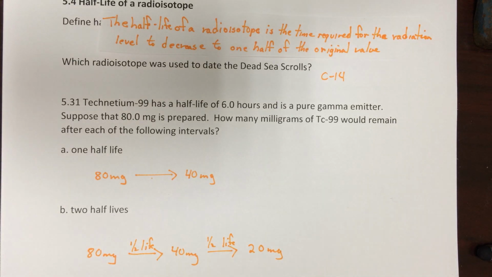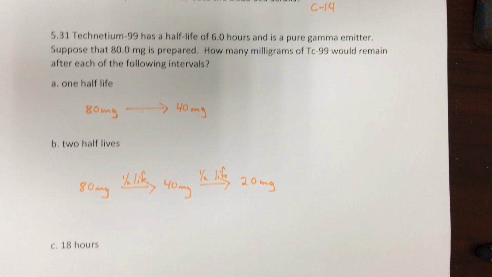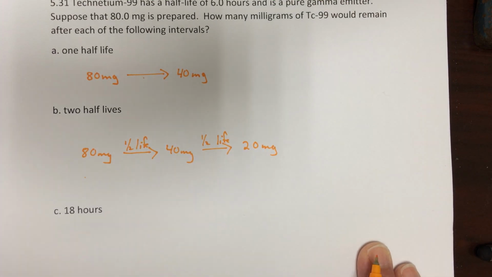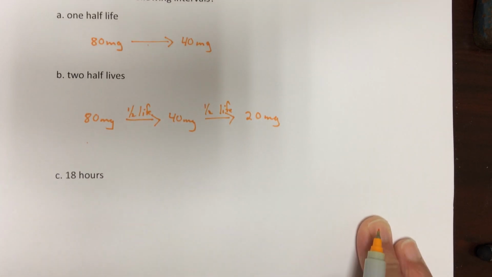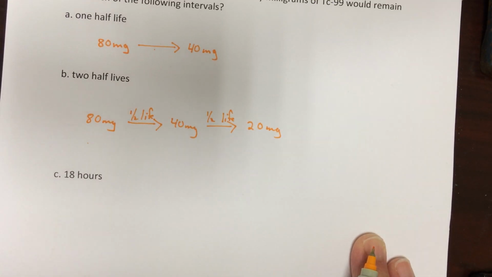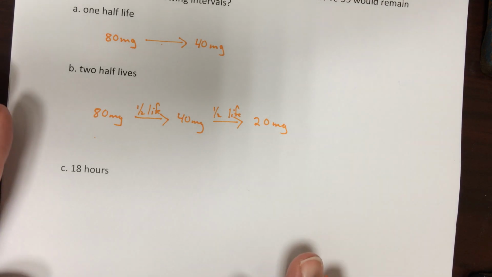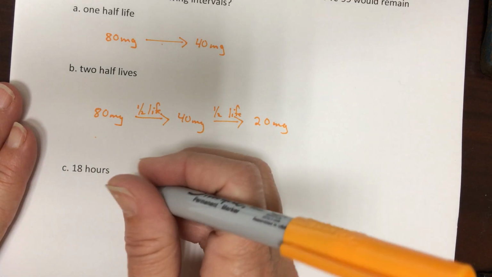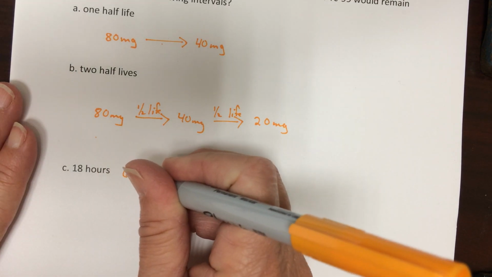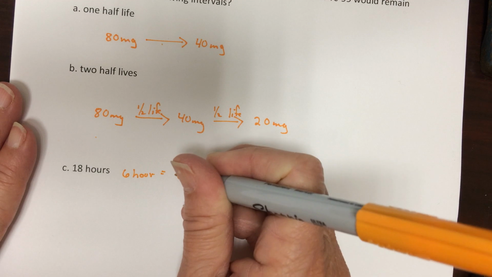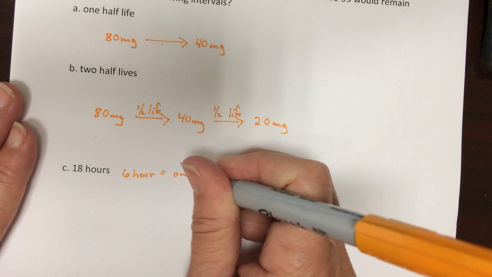Now the next problem, they didn't give us the number of half-lives. They said 18 hours. So we're going to need to convert our hours into half-lives. We know from the original problem that 6 hours is equal to 1 half-life.